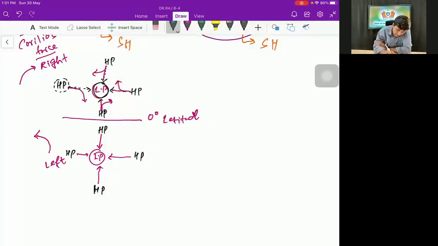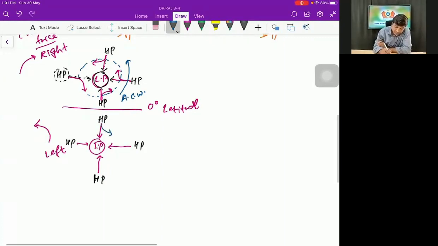So here, if you take this direction, this is the anti-clockwise direction. And again, this is the original path, and in the southern hemisphere, wind will deflect towards the left, means this side only.